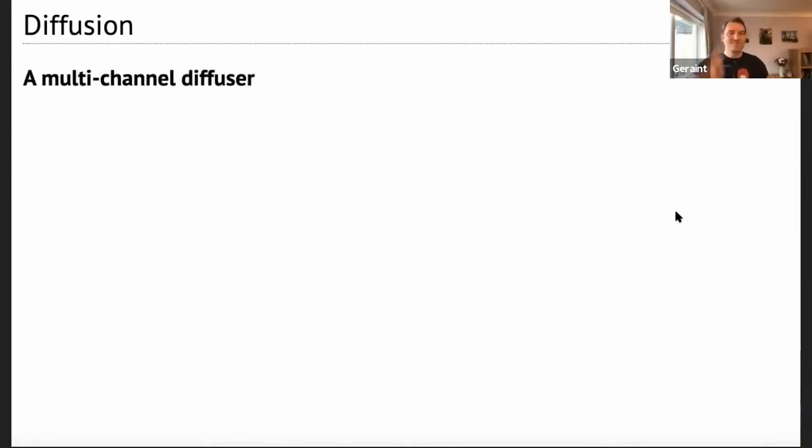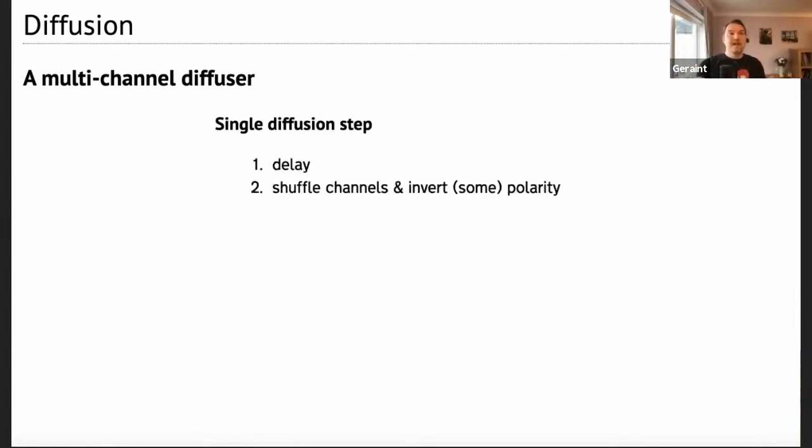So here's the plan. We define a diffusion step, which is made from a sequence of multi-channel operations: a multi-channel delay, and then we shuffle some channels and invert some polarities. And these delays and the shuffling and the inversion can be just randomly picked.